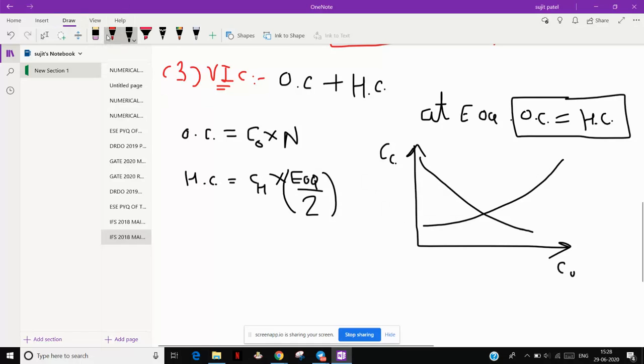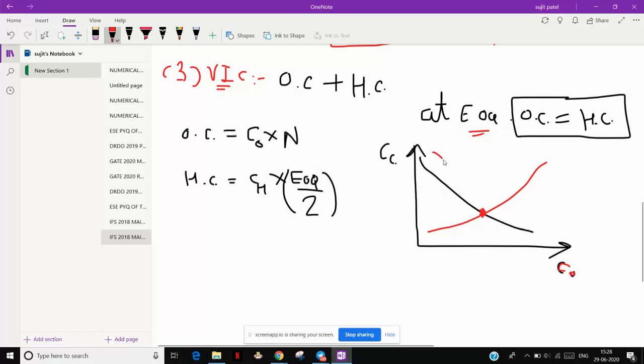Let me differentiate all this. So this is the ordering cost, CO, and this is the carrying cost, black with black pen. So the minimum is at this point, and this point is our EOQ point. So I am telling you that the minimum is at EOQ.